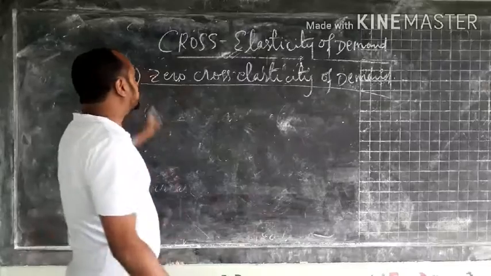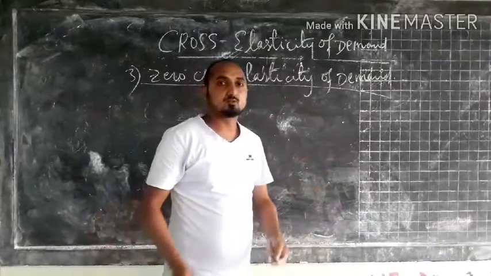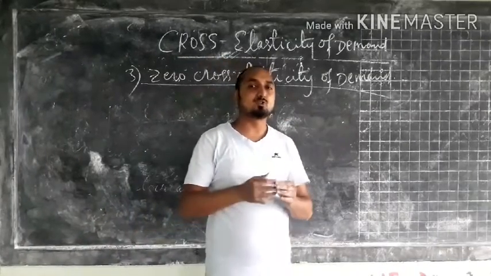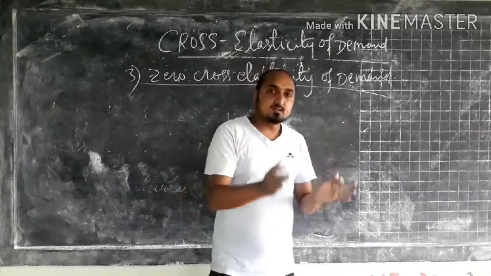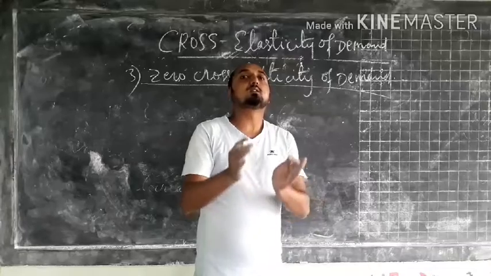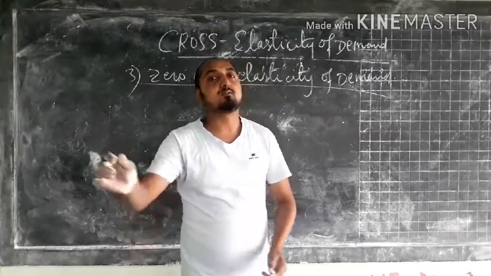Now the third one: zero cross elasticity of demand. Cross elasticity of demand is said to be zero when an increase in price of one commodity does not affect the quantity demanded for other commodities.